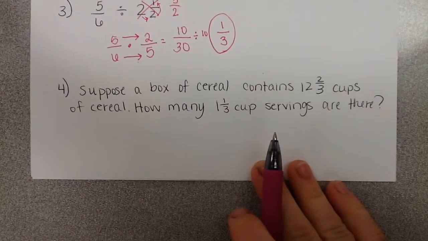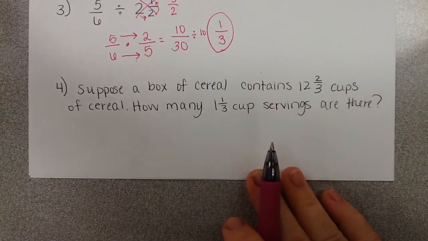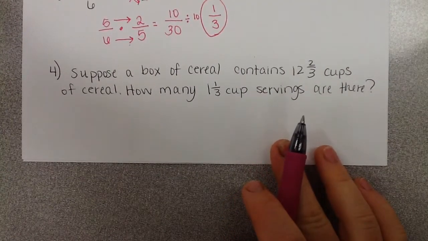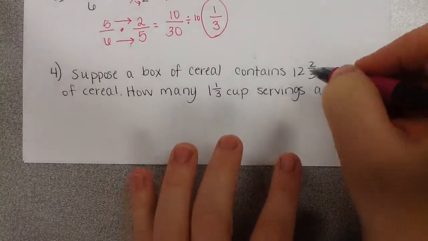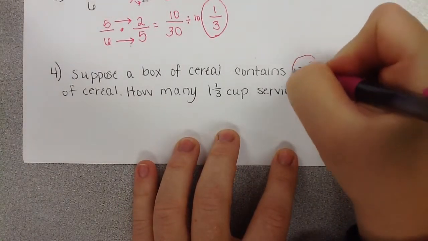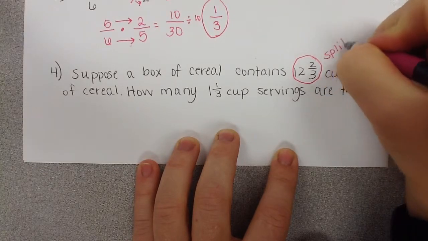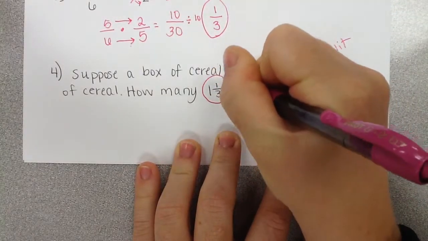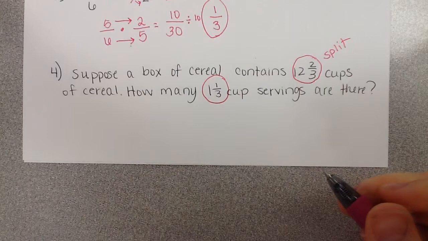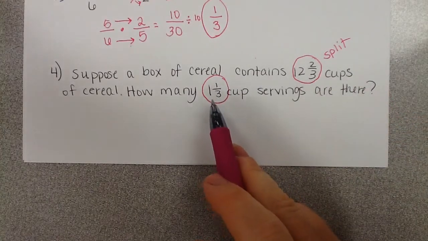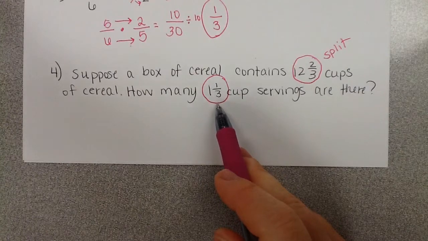Suppose a box of cereal contains 12 2/3 cups of cereal. How many 1 1/3 cup servings are there? So we're taking this box and we are splitting it into 1 1/3 cups. Okay. So I'm going to take the box of cereal and I'm going to split it into as many of these size groups as I can.